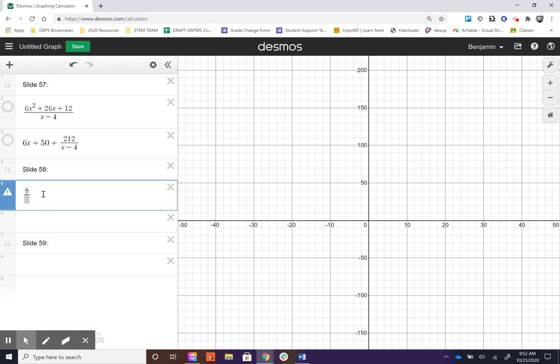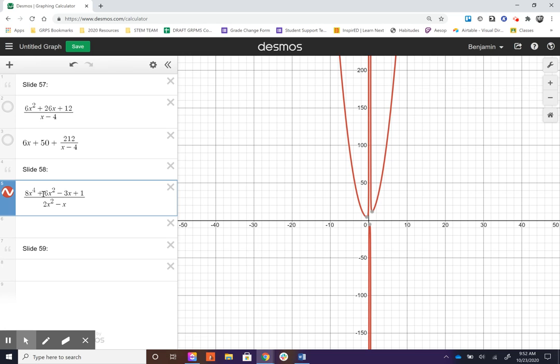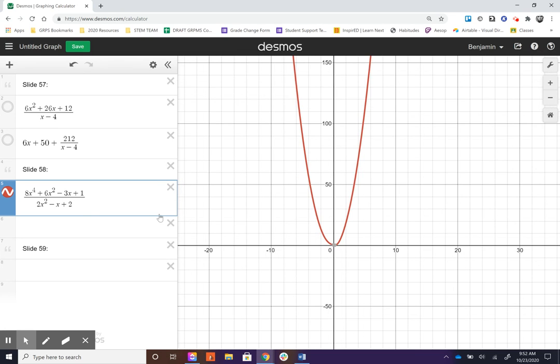So we have our original function, 8x to the 4th plus 6x squared minus 3x plus 1, all divided by 2x squared minus x plus 2. All right, and then it kind of looks like a parabola. So let's then write out the other part of the division algorithm, d of x times q of x plus r of x.